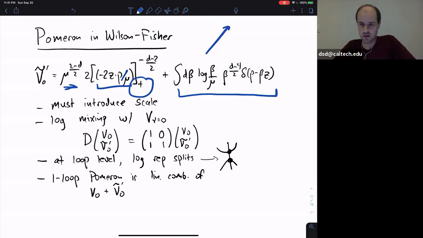So let me say that again. We need the plus distribution to make something that's actually well defined. We need to introduce a scale for consistency with dimensional analysis, but then we also need to introduce this inhomogeneous term to get something irreducible under Lorentz transformations. And when we do that, we end up with this monster operator v tilde prime 0.